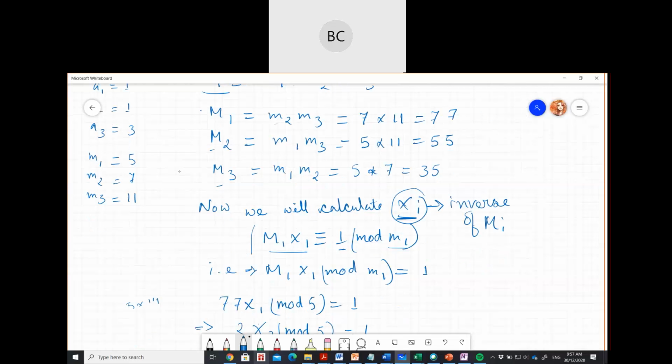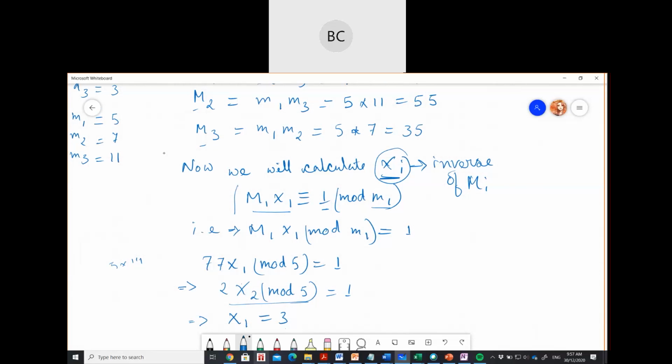Okay, so after calculating this, you need to find xi. xi is the inverse of Mi. Since it is the inverse, we can write Mi xi is congruent to 1 mod mi. That means this expression divided by mi, the remainder will be 1. So we can simplify it like this. Then for every M1, M2, M3, you need to find the value of x1.